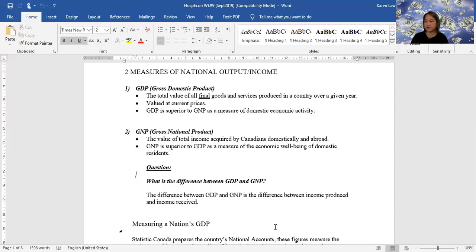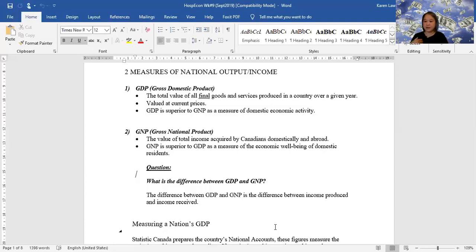in Canada, as well as Canadian residents that live in a different country. So let's say if I were to decide to teach for a year in, say, Thailand, I would report my income back to Canada and pay Canadian taxes.